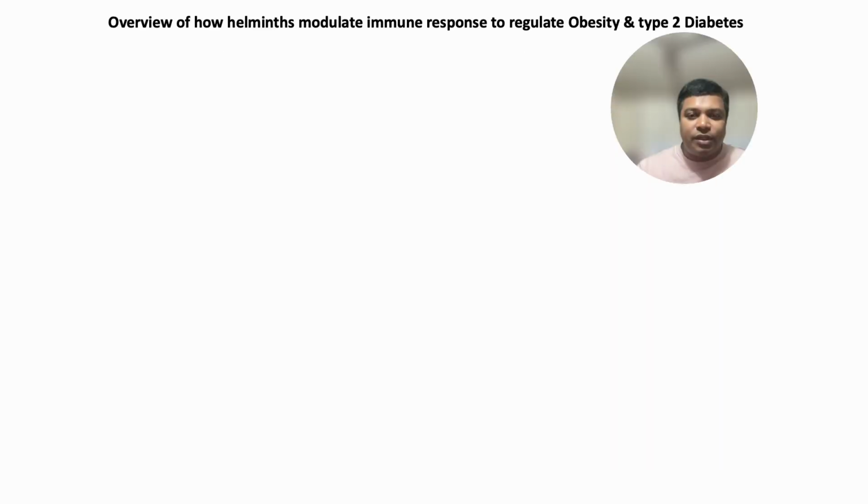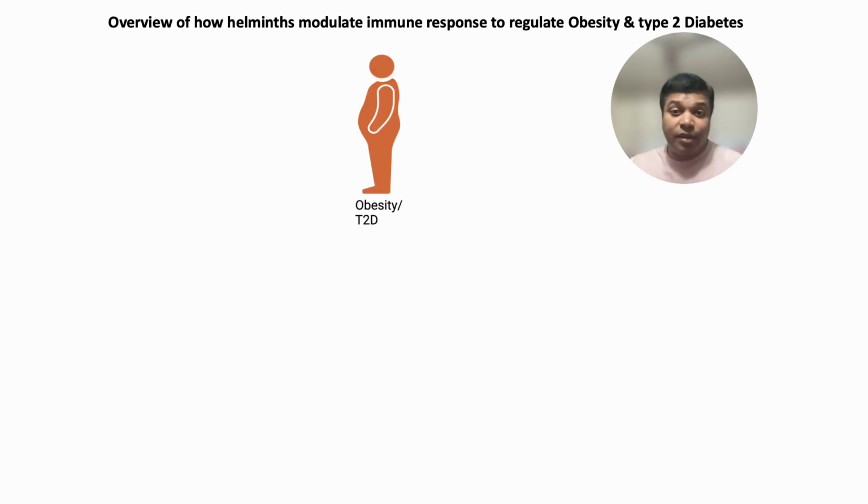So this is the overview of how helminths modulate the immune response to regulate obesity and type 2 diabetes, because obesity and type 2 diabetes are two major diseases resulting from host metabolic disturbances. Obesity is a condition when a person has more than the normal body mass because of excess deposition of fat tissues.